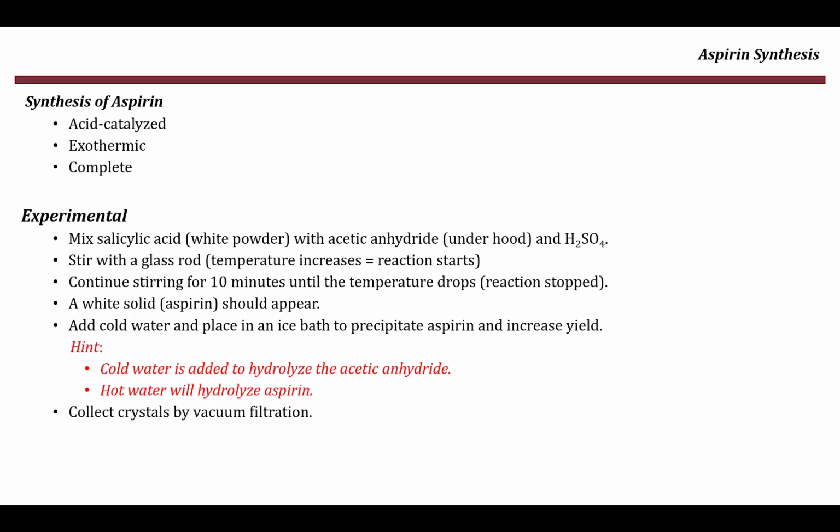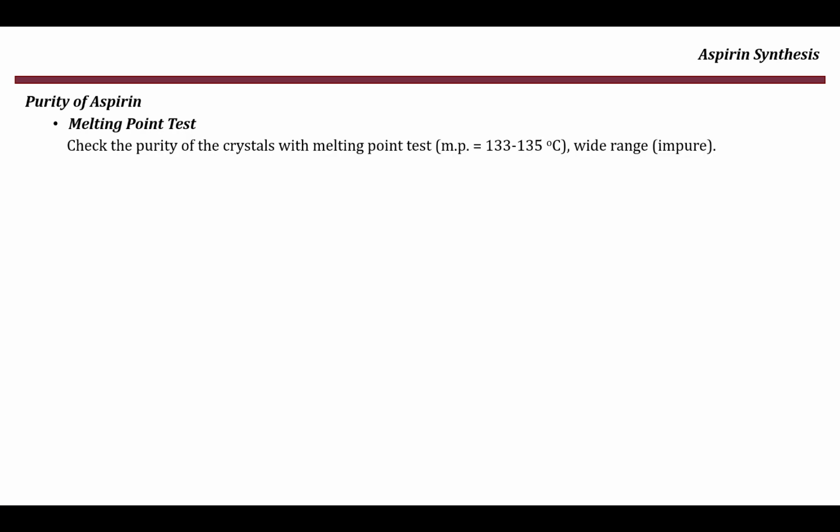Finally, we are going to collect the crystals by vacuum filtration, and then we will check their purity with a melting point test. Usually the melting point of pure aspirin is between 133 to 135 degrees. So the purity of aspirin can be checked in two ways, either by using the melting point test.